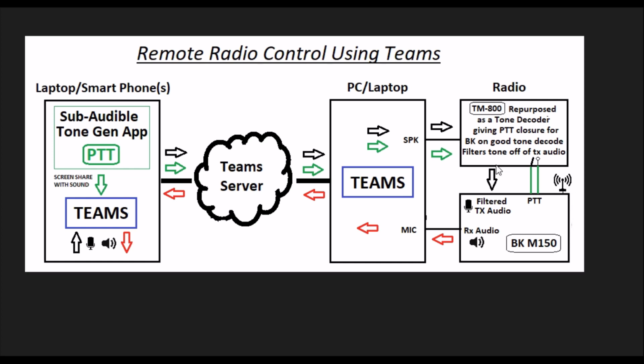I'm still fooling around with the different PL tones, seeing which one is the best. If you don't get the volumes right, you can get false triggers, depending on how you speak into the microphone. But when you do get them dialed in, it's actually very reliable, and I'm very happy with it.